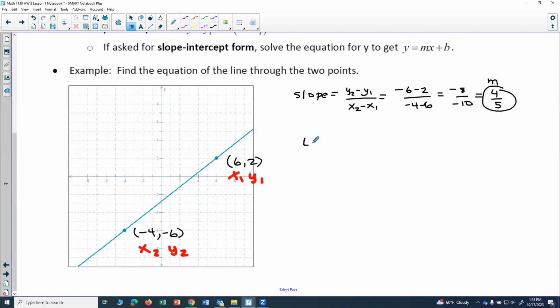And now for the equation of the line, I'm going to use that point-slope form. So y minus y1 equals the slope m times (x minus x1).